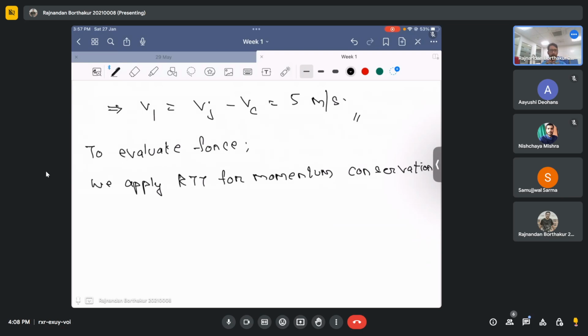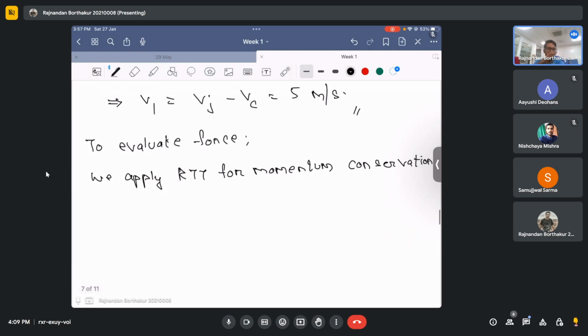Or, in other words, I need to apply it in some specific direction. If I want to apply it in the x direction, I have to write RTT for momentum conservation in the x direction. So either we apply it vectorially, or we specify the direction and then apply RTT in the individual directions. I hope this is clear, since momentum is a vector quantity.